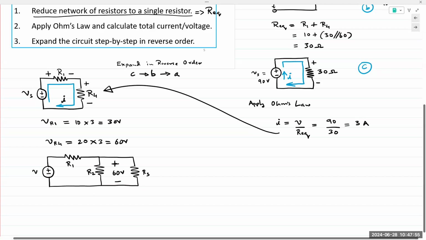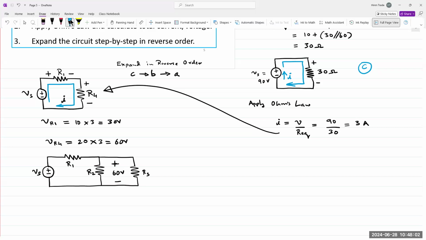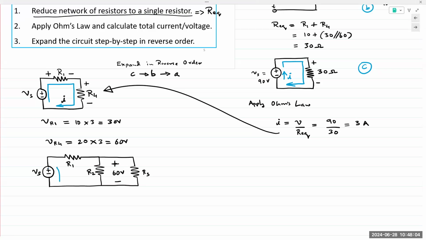This is R1, this is Vs. Now, a total current I is only going up to here. When it hits this junction, it splits in two. This is IR3, and the current coming down here, just label it IR2.